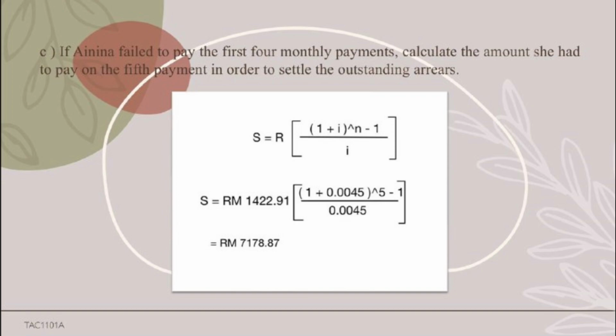So we need to settle the bracket first. After we got the answer, we need to times with 1,422 ringgit 91 cent. So we will get the answer 7,178 ringgit 87 cent. So I will pass the next question to Kina.